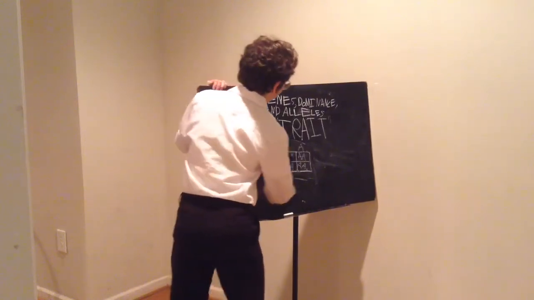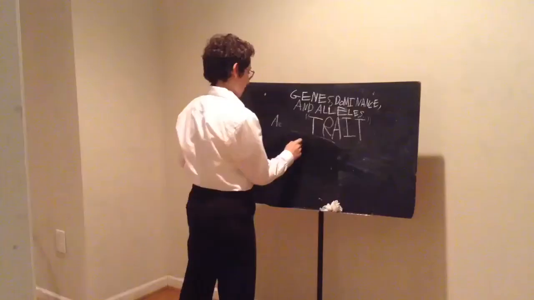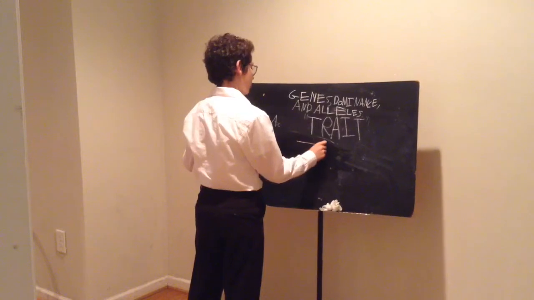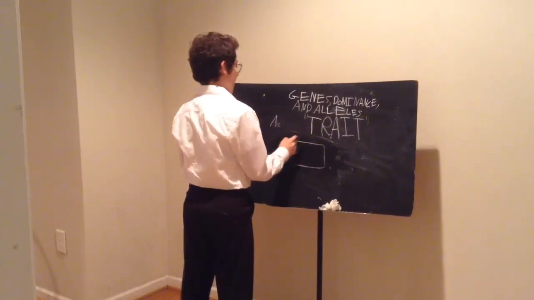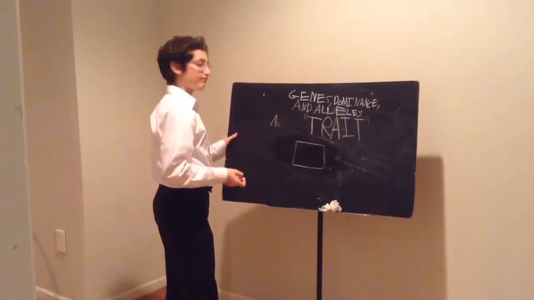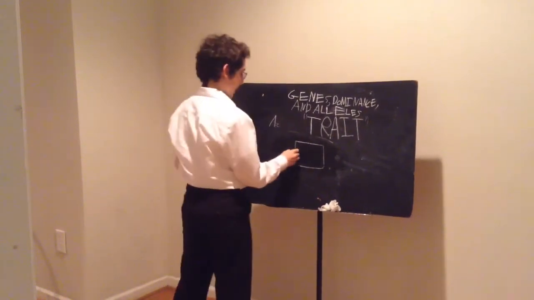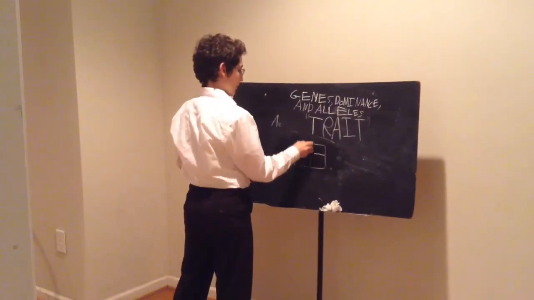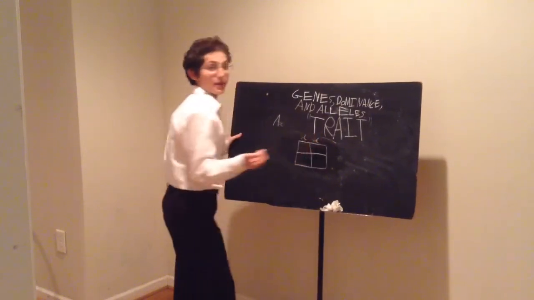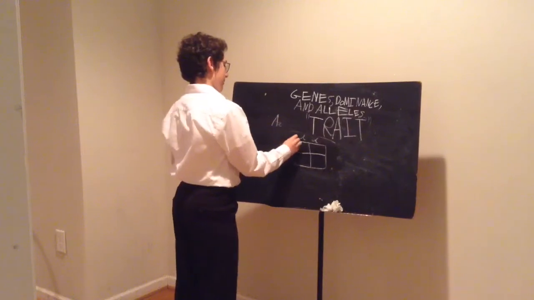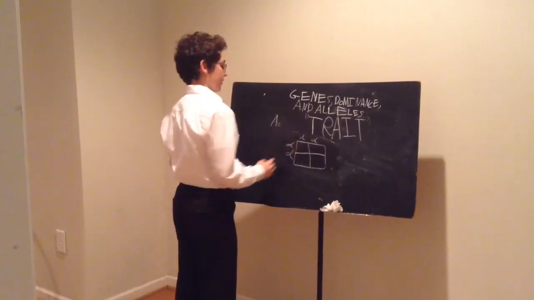Now let's do a similar example to this. So let's draw another Punnett square and pretend your parents both had double recessive. So we're going to draw a lowercase a and a lowercase a because your mom has double recessive, and lowercase a with lowercase a for your dad.